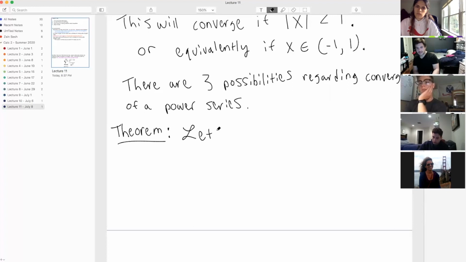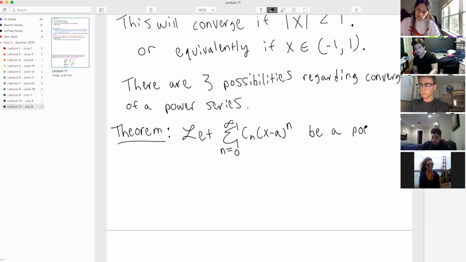Let the sum of Cn (x minus a)^n be a power series.